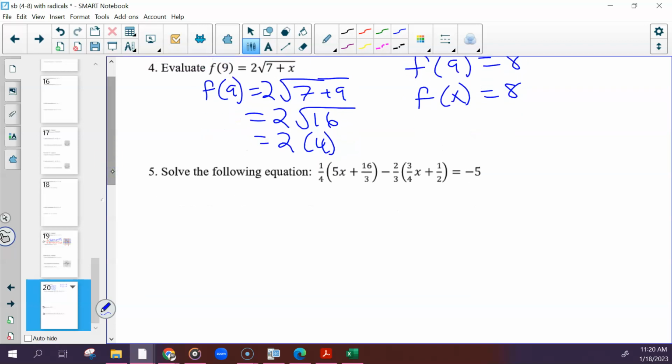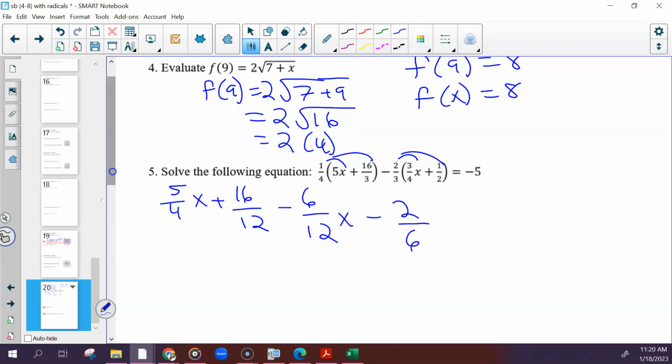Then the last problem had a bunch of fractions you had to distribute and simplify and combine the terms. So let's distribute first. We have 5/4 x plus 16/12 minus 6/12 x minus 2/6. And then simplify and then combine your like terms.